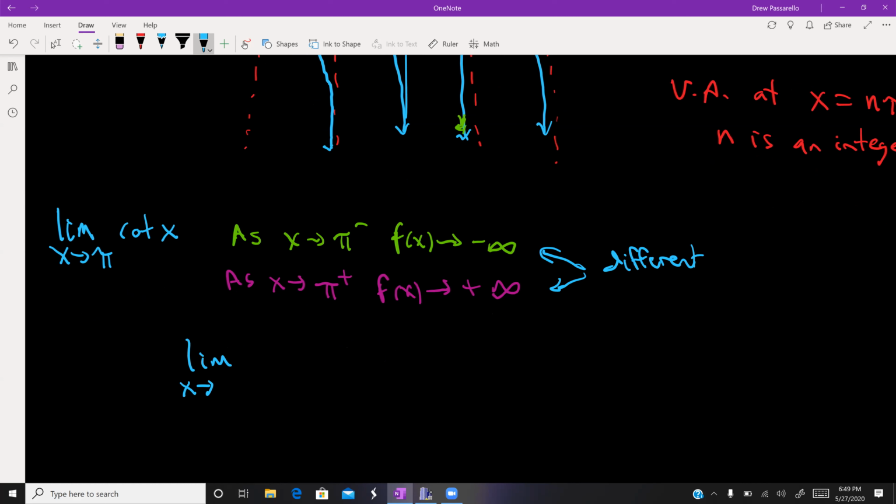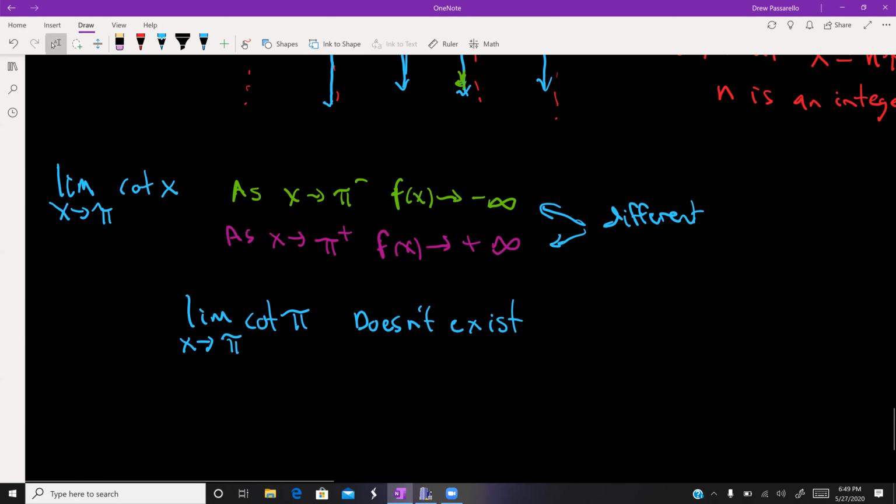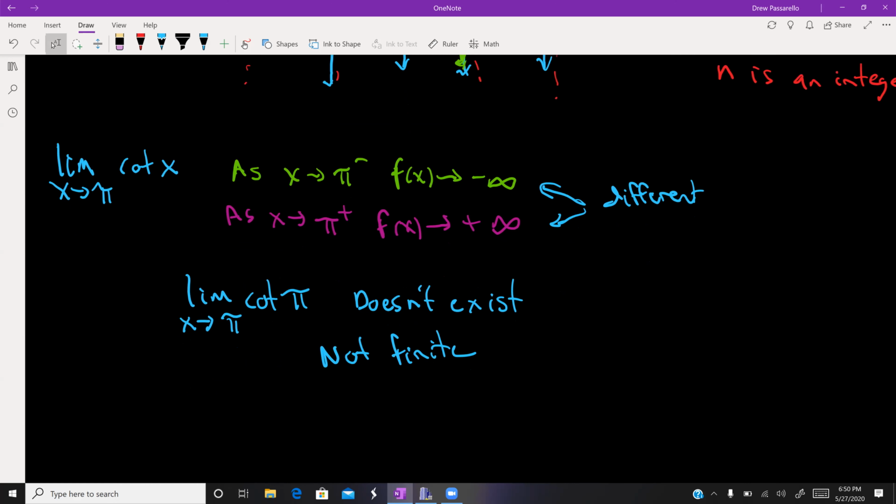It's not finite, nor is it infinity. Obviously it's not finite, and since they go to 2 different infinities on each side, they don't go to a particular infinity. All right, so the answer that the book probably would have is doesn't exist.